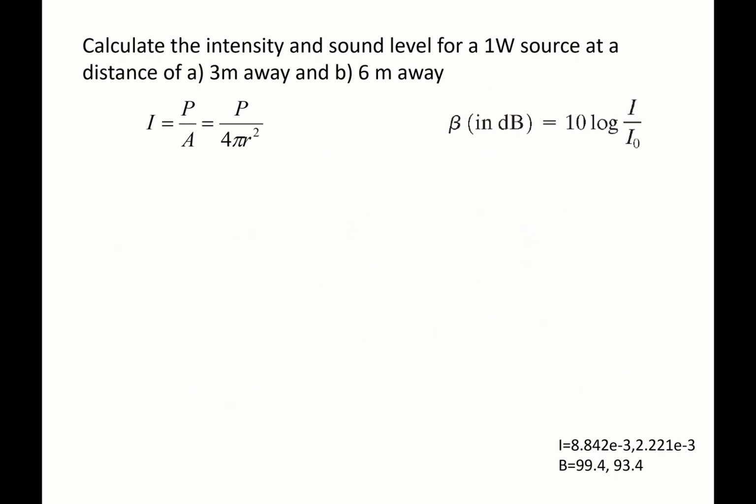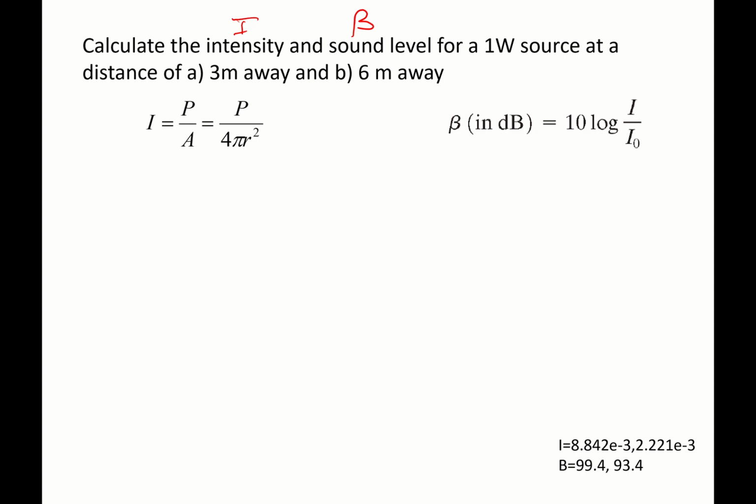So let's do some practical calculations. First, let's calculate what the intensity, that's I, and the sound level, that's beta, are for a 1 watt source at a distance of 3 meters away and 6 meters away. So the two equations we have so far are that the intensity is power over area, so that's power over 4 pi r squared, and beta is equal to 10 log I over I0.